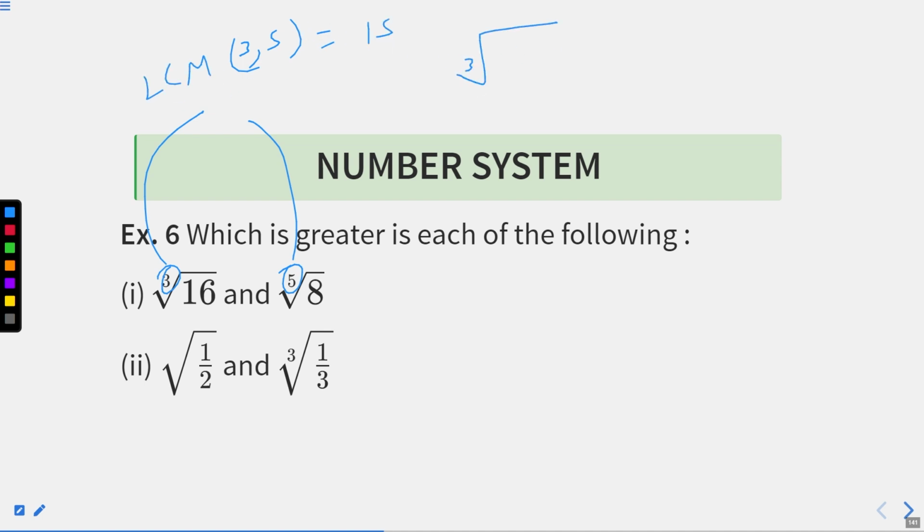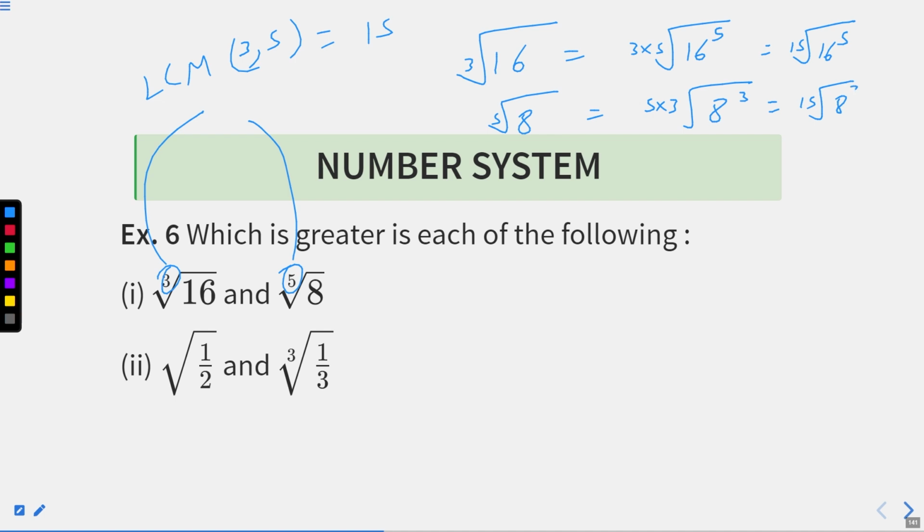So cube root of 16 is equal to the 15th root of 16 raised to the power 5, and fifth root of 8 is equal to the 15th root of 8 cubed. Okay. Now it becomes 16 to the 5 and 8 cube.